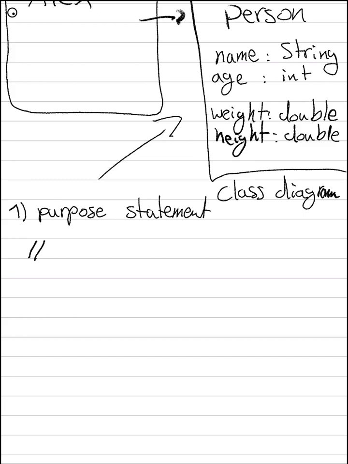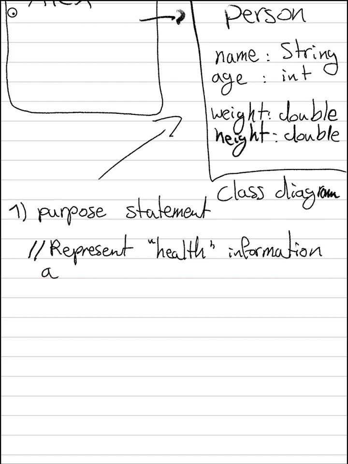So, for example, we can say we want to represent the health information about a person. Remember that these two slashes indicate a comment in the programming language of Java. So anything after that doesn't matter.